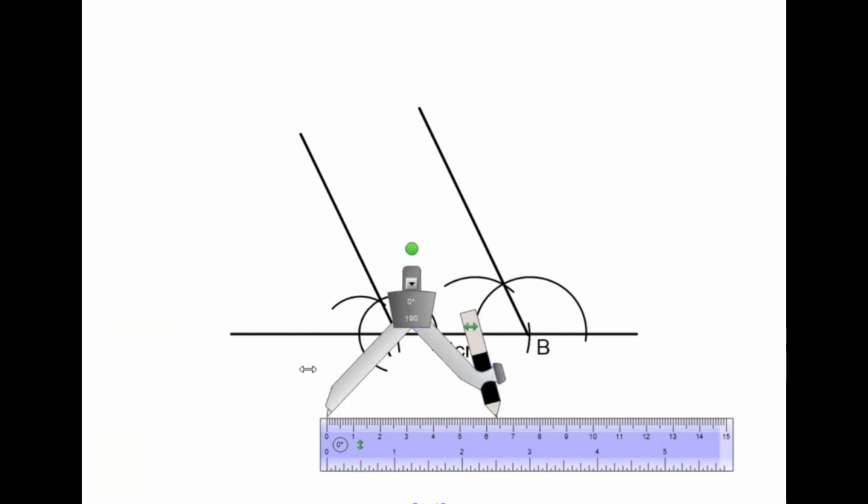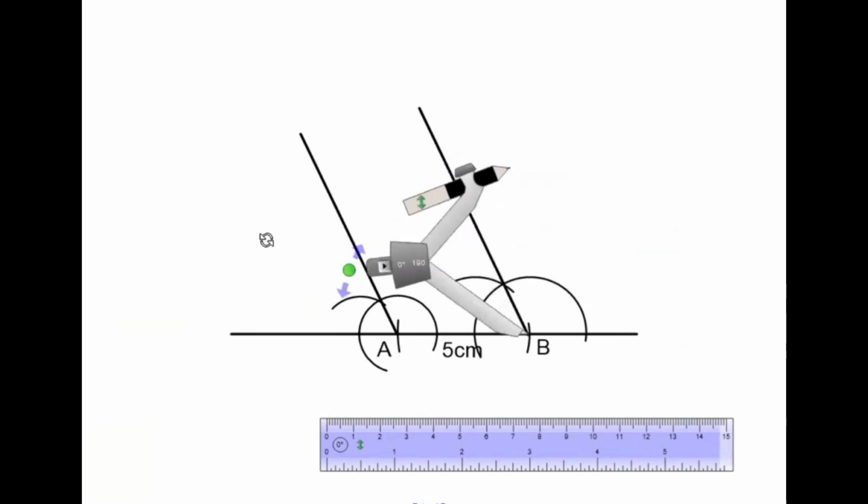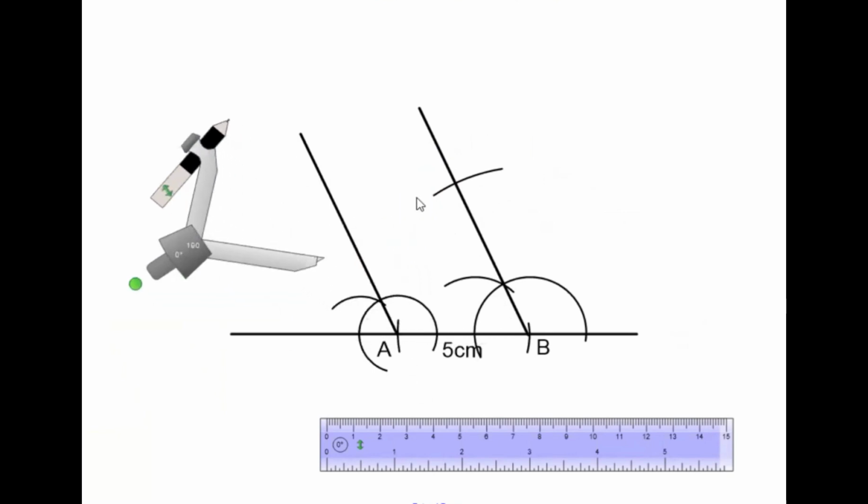And since it is BC, that's 6.4. I come to this place. This is B. This place as center. Then I will construct an arc here to mark where point C will be. So I have point C here.